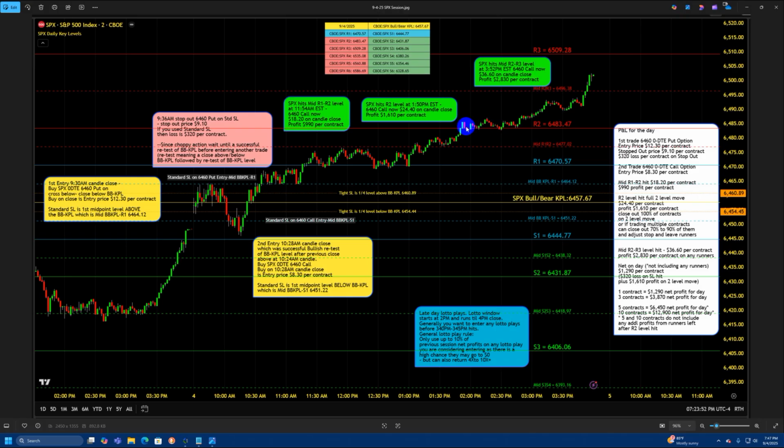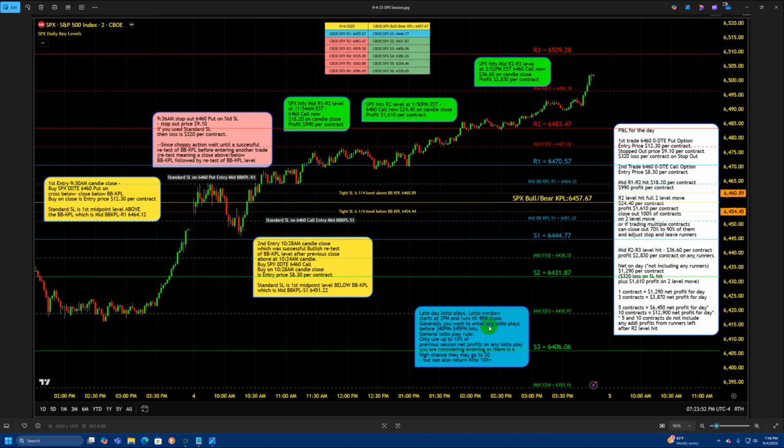Unless you did hold some runners, you were out right here. That was just right before the lotto window started at 2, because this was at 150. So starting at 2, you could look at some potential opportunities for lotto plays.